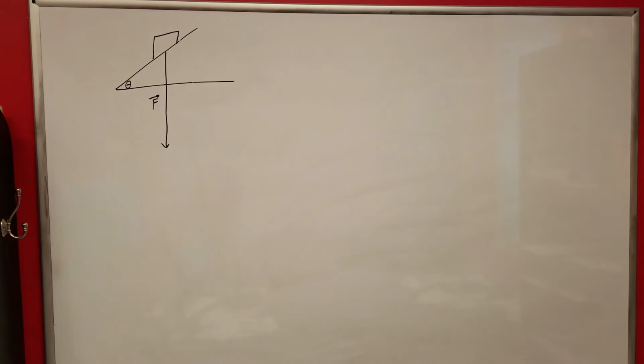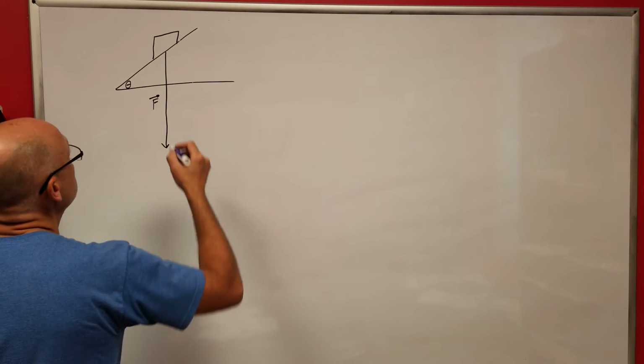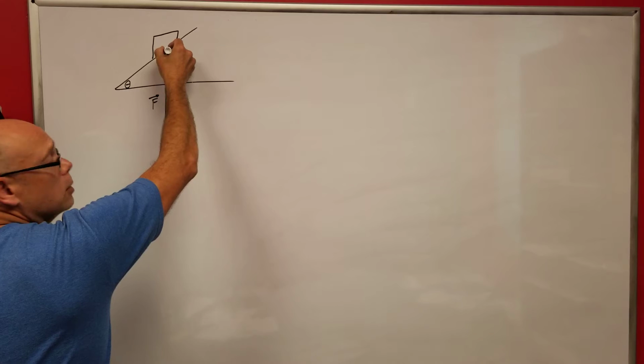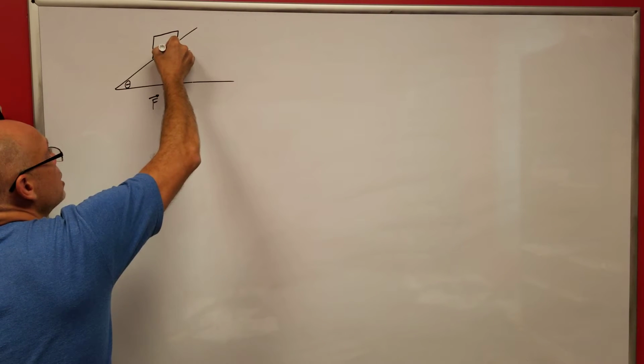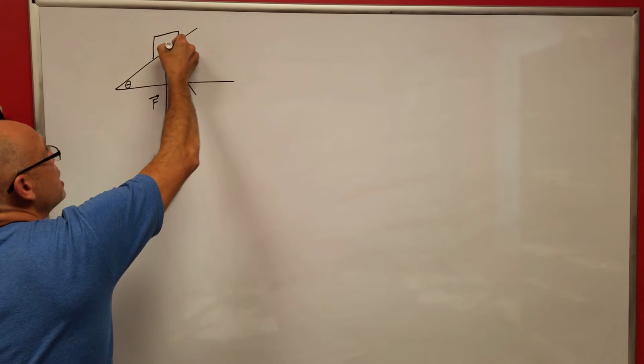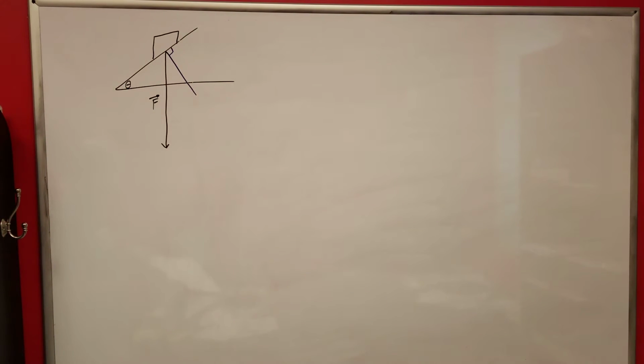All right, so if we have an F vector for force there, and I want to decompose it, I'm going to think of a vector that is orthogonal to this inclined part right here. In other words, I'm going to draw it to where it makes a right angle there.